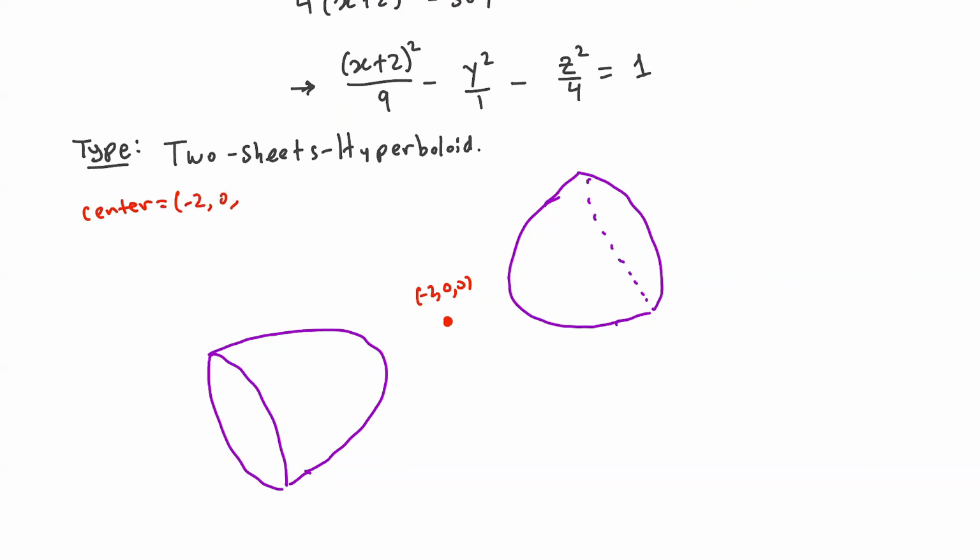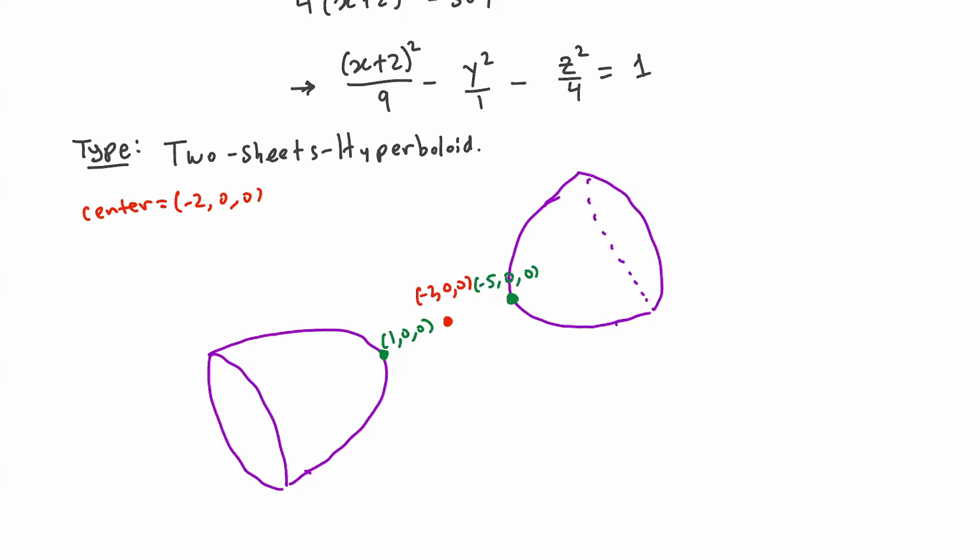And so let's take a look at the vertices. One of the vertices, you have to move 3 units in the x direction. So if you add 3, you get (1, 0, 0). If you subtract 3, you get (-5, 0, 0). Hopefully you're okay with that.